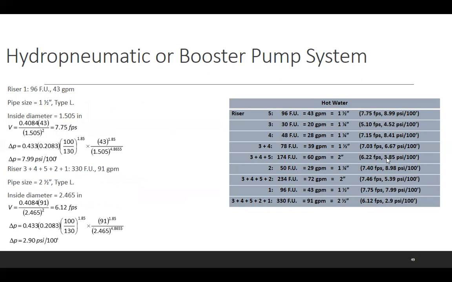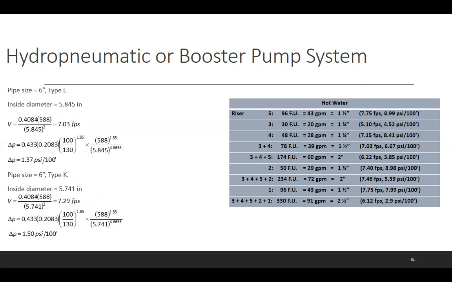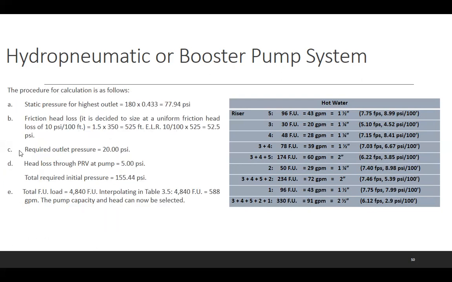So, required outlet pressure is 20 PSI. Mamaya, aalamin natin yun. Head loss to PRV at pump, hanapin mo sa catalog, 5 PSI. Total required initial pressure is 155.44 PSI.